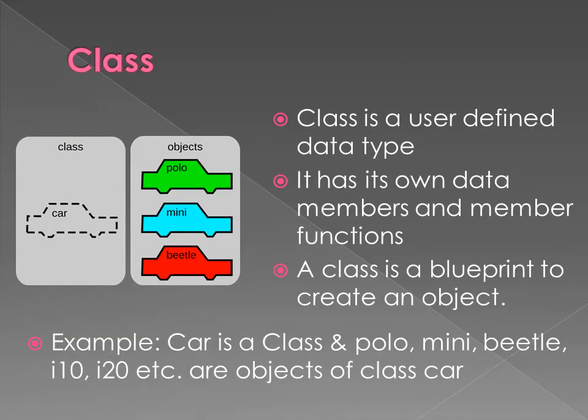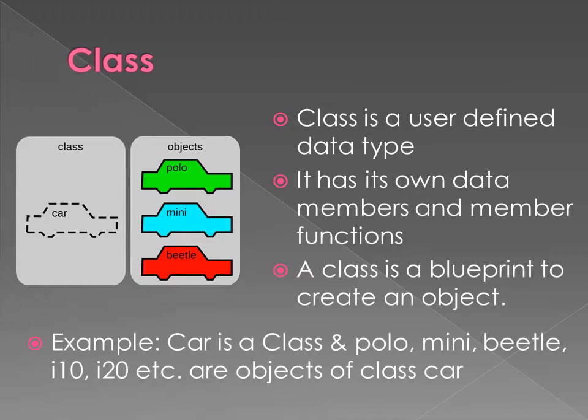Class. Class is a user-defined data type. This means that the user can create a data type according to his needs. For example, if a user wants to work with student data, he will create a student class. And if he wants to work with teacher's data, he will create a teacher class.